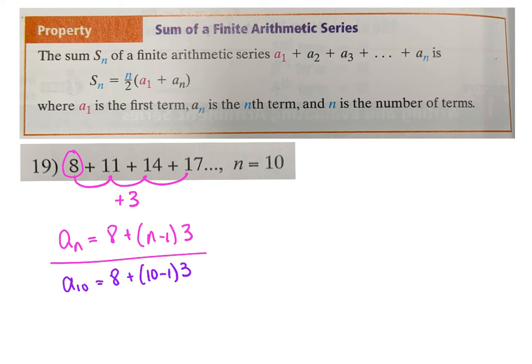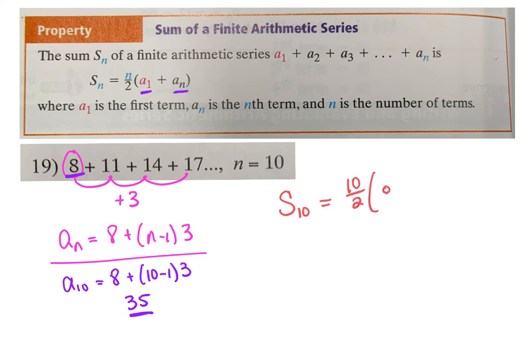Right. So I would have 27 plus 8. My last term is going to be 35 here. All right. And so now I have my first term and my last term, which is what I need to do this formula here. And so I'm just going to plug it in. I'm finding the summation of the first 10. So that's going to be 10 over 2.